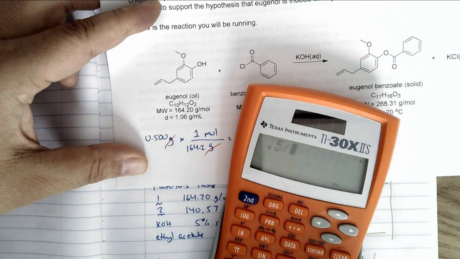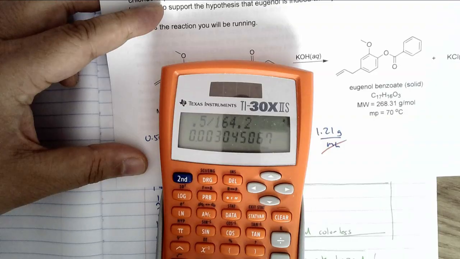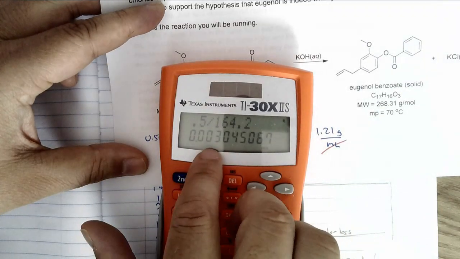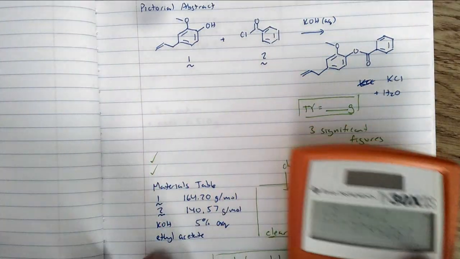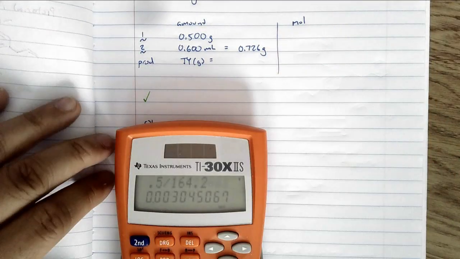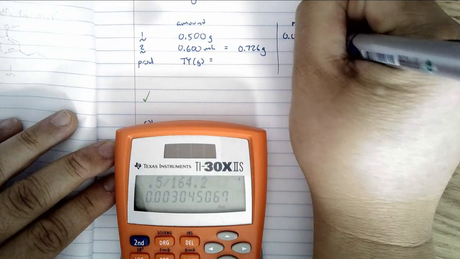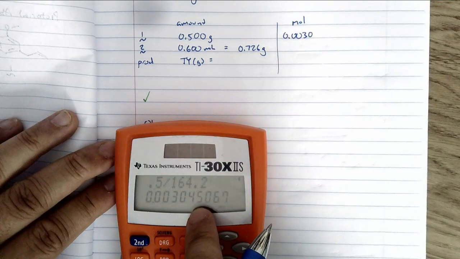0.5 divided by 164.2. Oh boy. I do want 3 significant figures. So you could do scientific notation. If you don't like scientific notation, we could just copy exactly what we see: 0.0030, you round up when it's a 5.